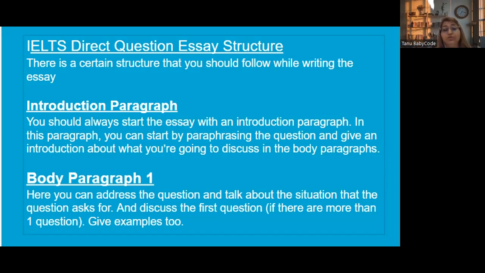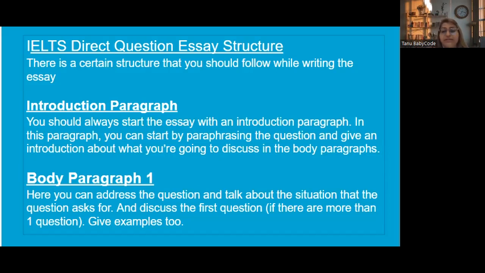Thesis part means what you're going to discuss in the upcoming paragraphs. That means you have to provide a one line statement, because the introduction paragraph is the first paragraph which is going to be read by the examiner, and it shows that yes, you are going to discuss all those things, right?